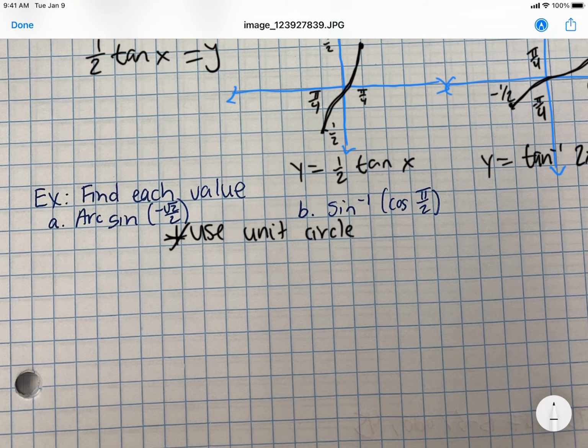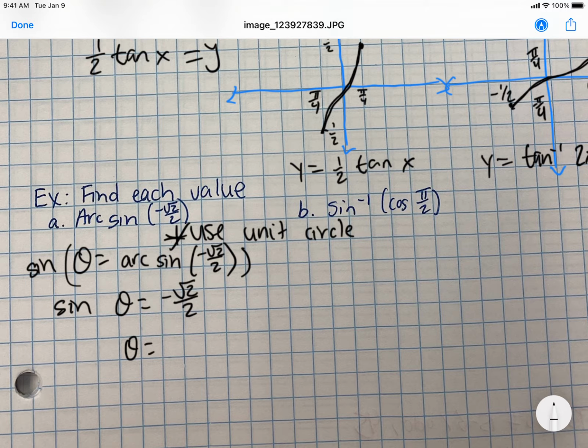So we have that our angle equals arcsine of negative square root of 2 over 2. We could change that into a sine if we wanted to. This is pretty much asking us what angle has sine equal to negative square root of 2 over 2. Remember our domain and range from above, so it's only going to give us one answer, and that answer is negative pi over 4. Where did I get that? From my unit circle.